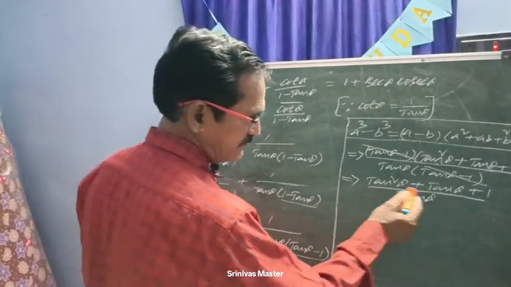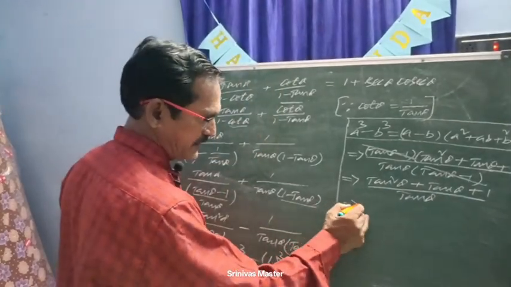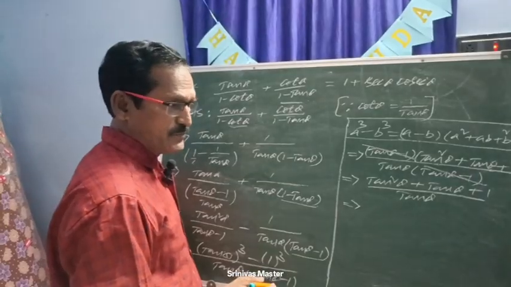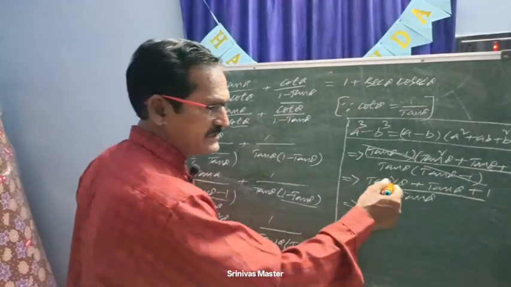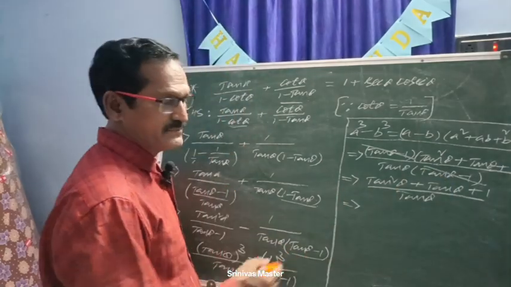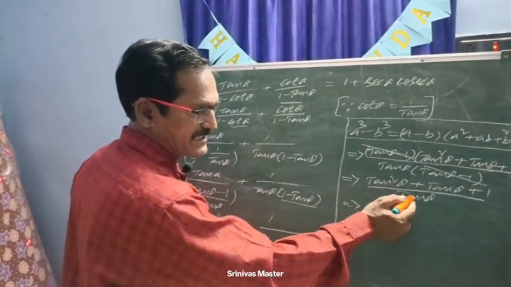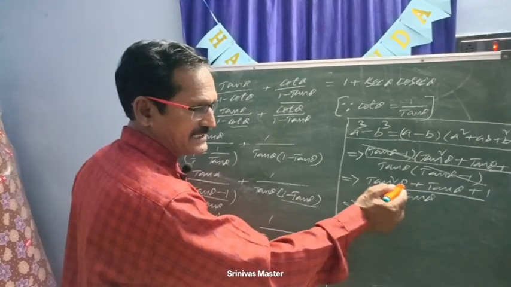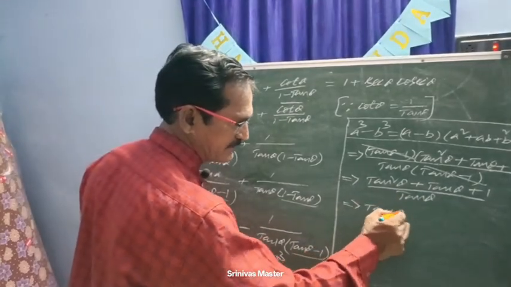So you can split the numerator, children. Splitting means separation of each term of the numerator. That means tan square theta by tan theta. Tan square theta by tan theta means tan theta in tan square theta, how many times cancel? Tan theta times cancel.